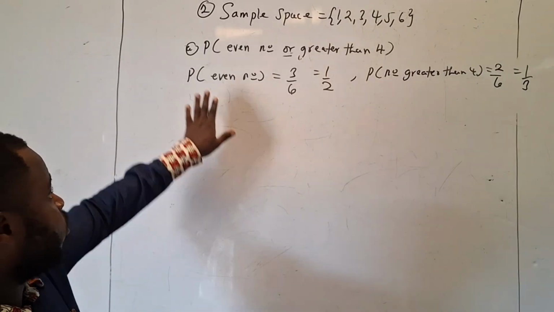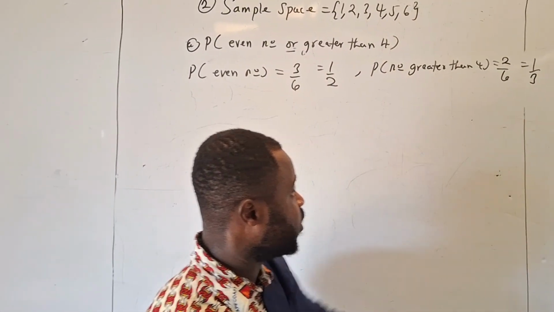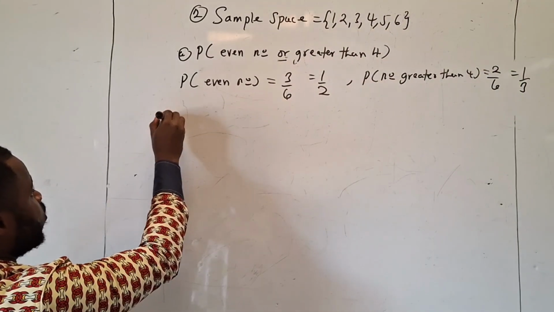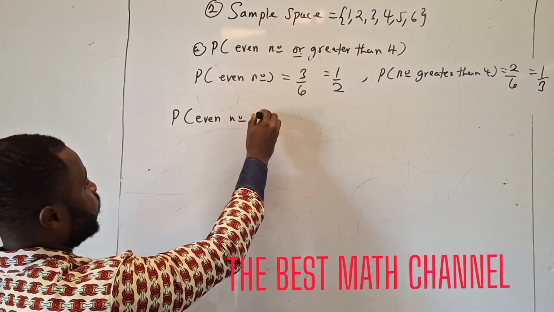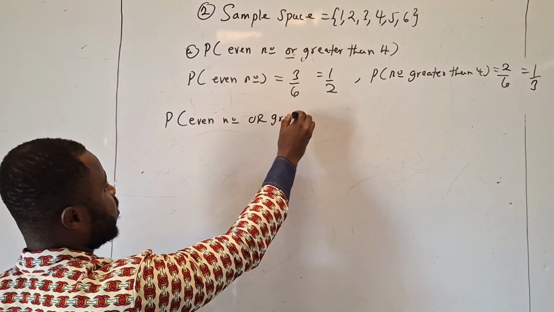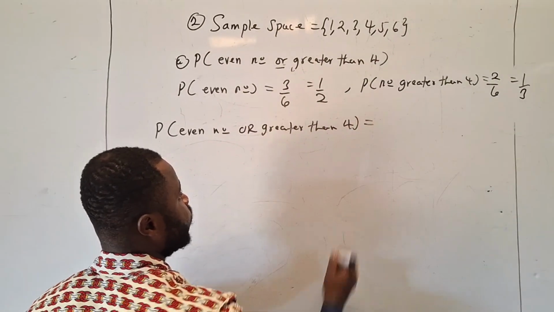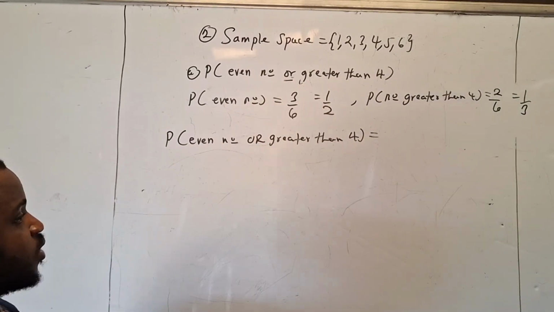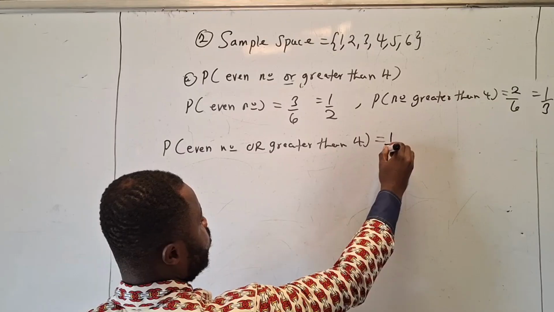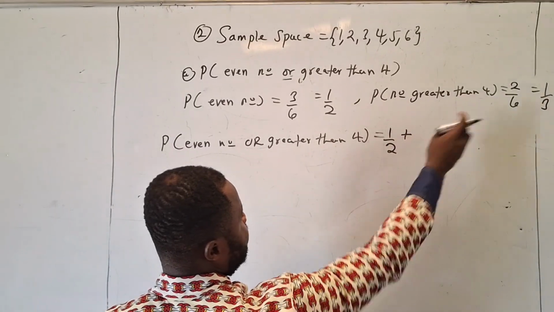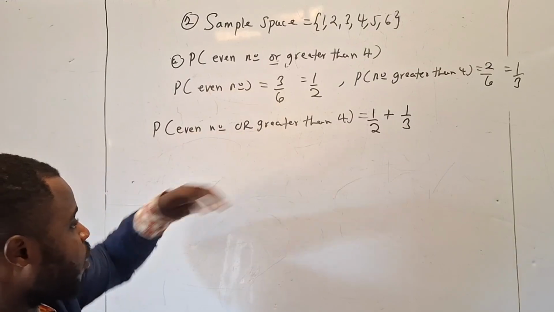So now we have seen the probability of even numbers, the probability of a number greater than 4. So therefore, probability of an even number or a number greater than 4. Now, or is here, and I said that or we add. So probability of even number, we got 1 on 2 plus greater than 4, 1 on 3.